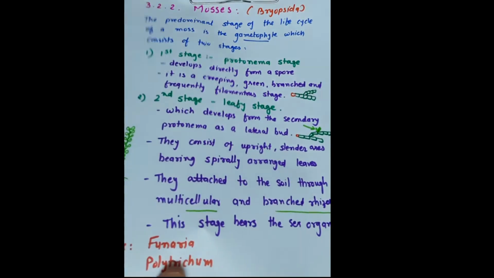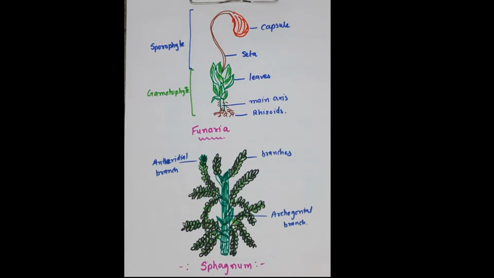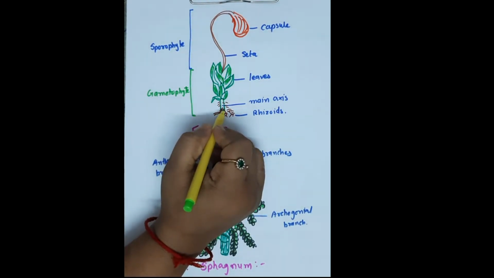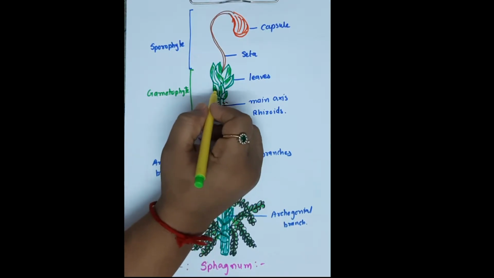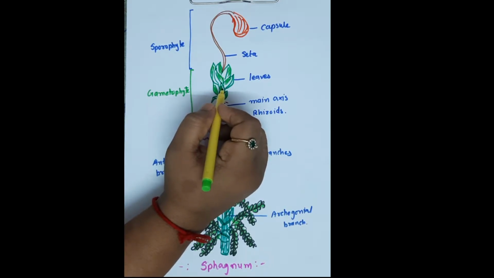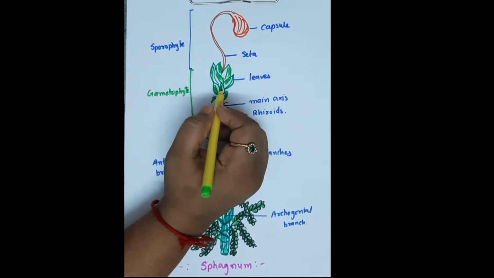Okay, so let's see the diagram of Funaria and Sphagnum. So this is Funaria. Here are the branched multicellular rhizoids. This is the main axis. As we know, the gametophytic phase has two stages, the protonema and the leafy stage, and the leafy stage bears the sex organs.